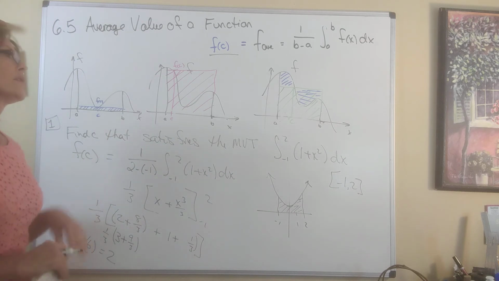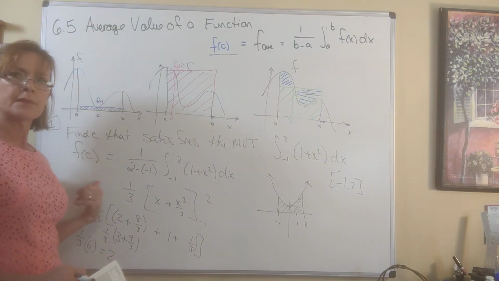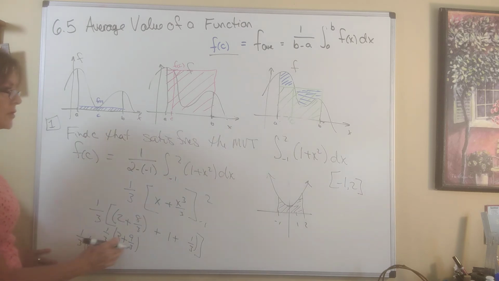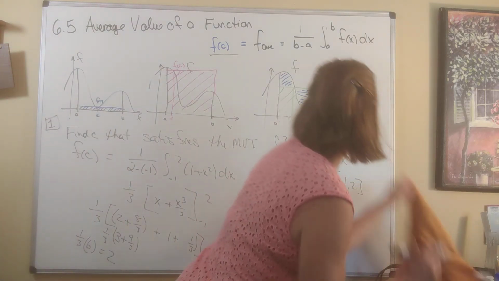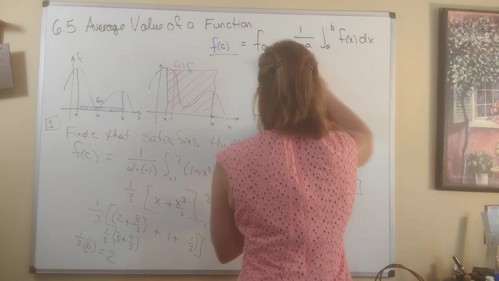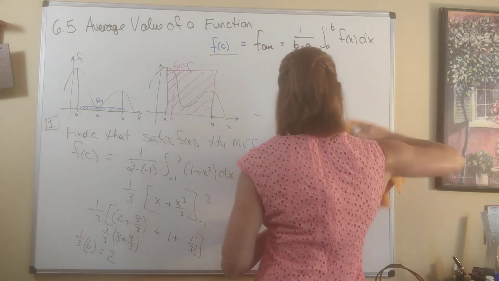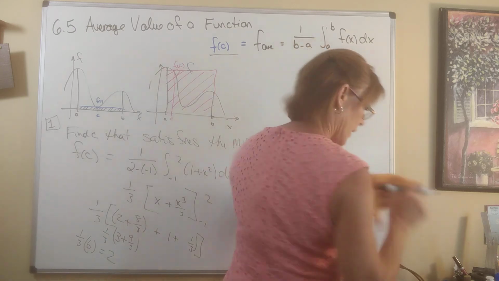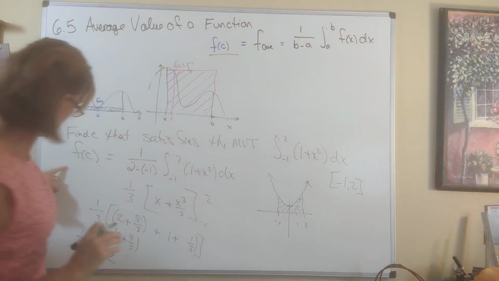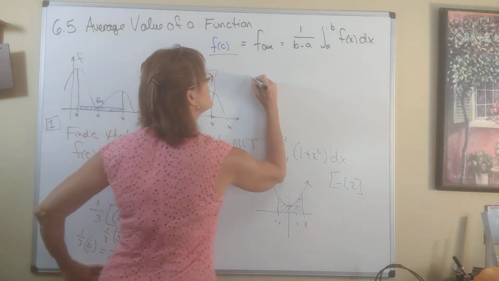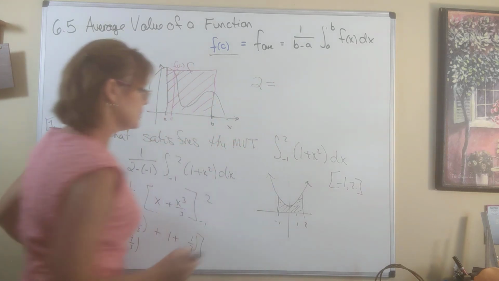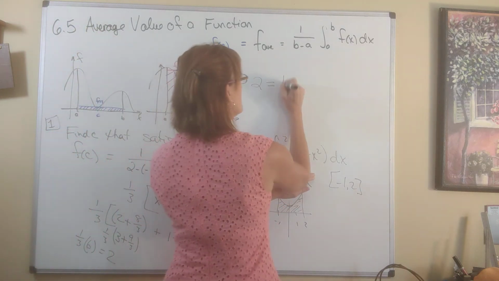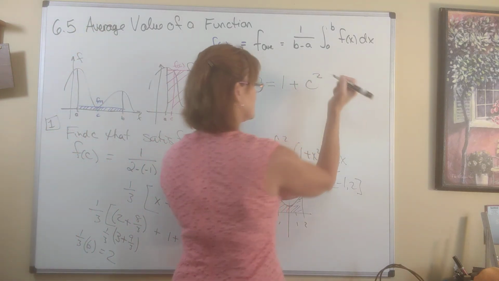Now, we are trying to find the value of C. All right, so if f of C is equal to 2, then we write 2 is equal to this function when it's C. So that's equal to 1 plus C squared.